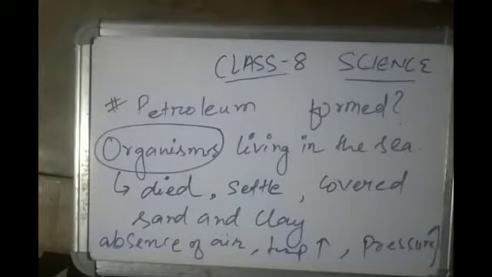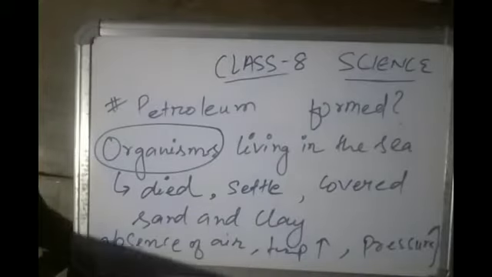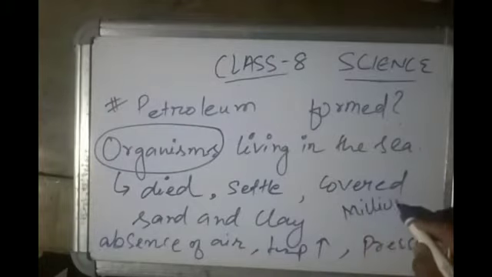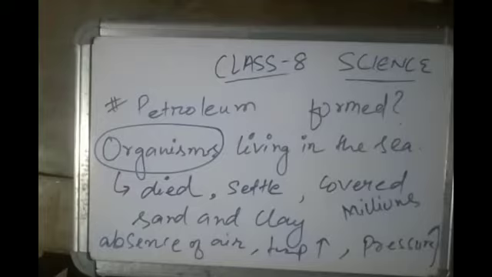So organisms living in the sea, after they died, settled down at the bottom of the sea and got covered with sand and clay. Over millions of years, under high temperature and high pressure, in the absence of air, dead organisms are converted into petroleum and natural gas.